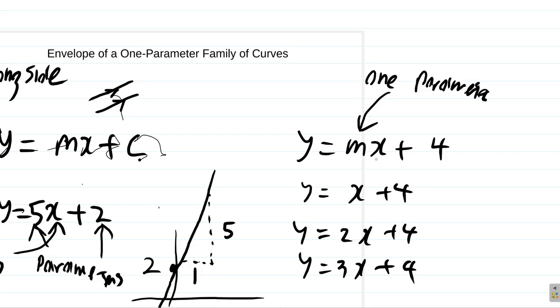So here, that's parameter. The parameter is used alongside the variables x and y and any constants that are there as well. Now we're talking about parameter of curves.